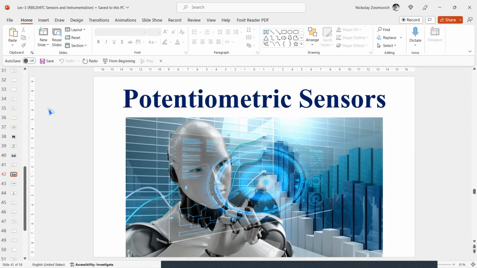Another subtopic of today's lecture: potentiometric sensors. Potentiometric displacement sensors can be divided into linear and angular types, according to their purpose and associated construction. A potentiometric sensor usually consists of a linear or toroidal body, which is either wire-bound or covered with a conductive film.